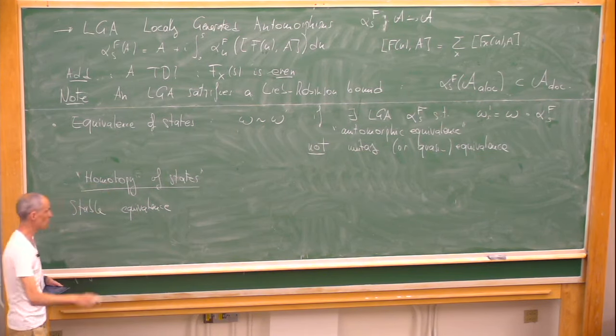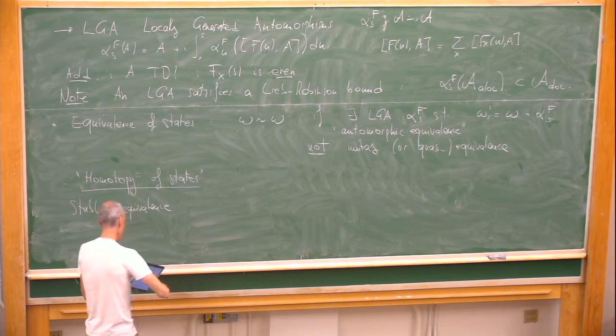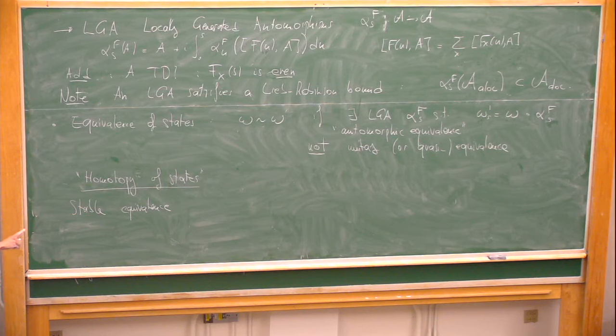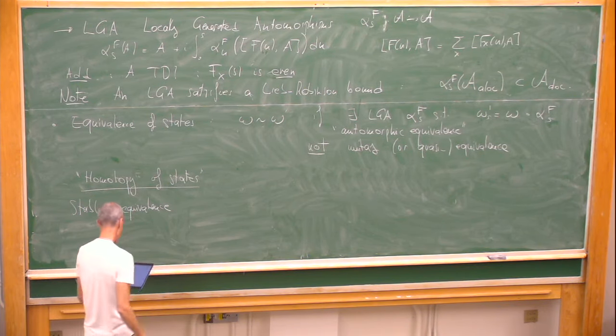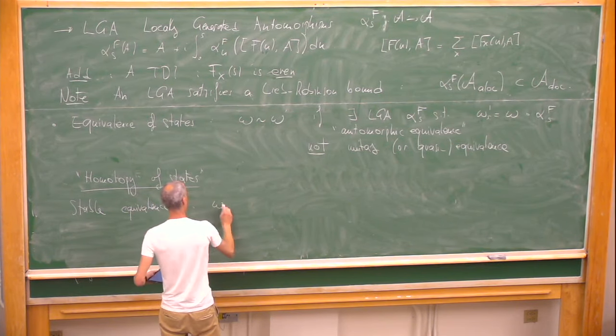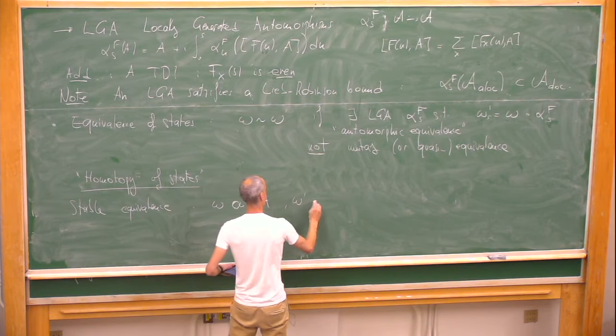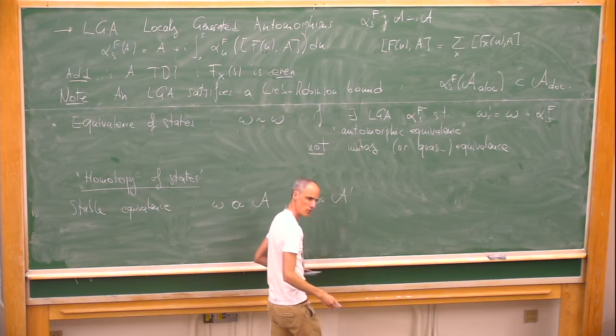We've seen that also in Marvin's talk yesterday, by saying I can do the same up to stacking everything with a product state. So, stable equivalence. Take omega on an algebra A, and omega prime on an algebra A prime.